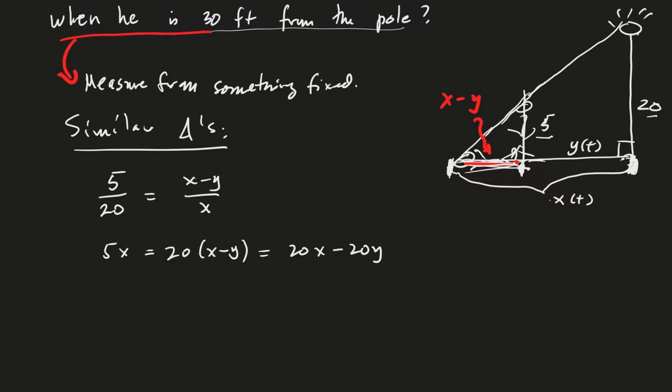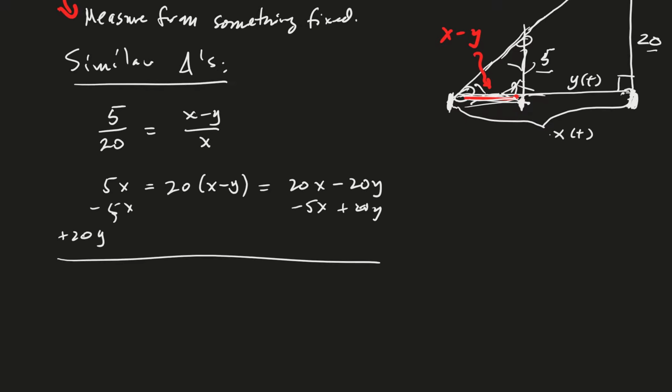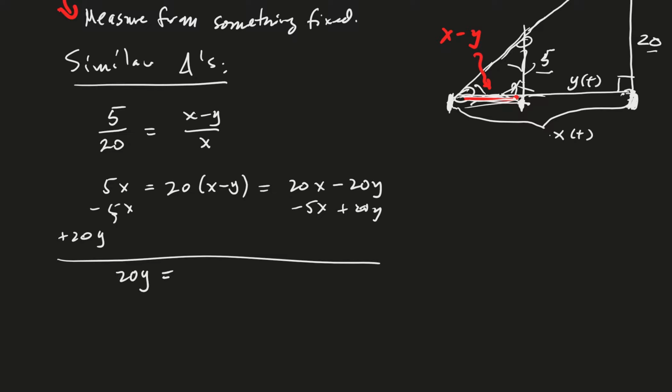Okay, so that means if we simplify this a little bit, maybe I'll subtract 5x from both sides, add 20y to both sides, right? And so therefore we have 20y equals 15x.